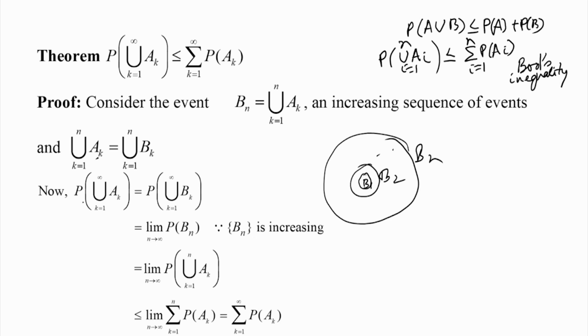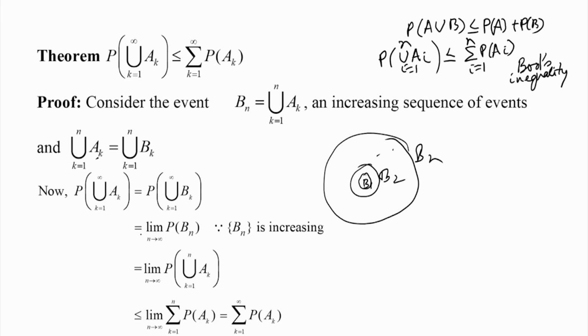Then by the continuity theorem, the probability of the union of A k is the limit of the probability of B n as n tends to infinity. So, what we got? The left hand side is equal to the limit of the probability of B n as n tends to infinity. Now, the probability of B n is the same as the probability of the union of A k, k going from 1 to n.